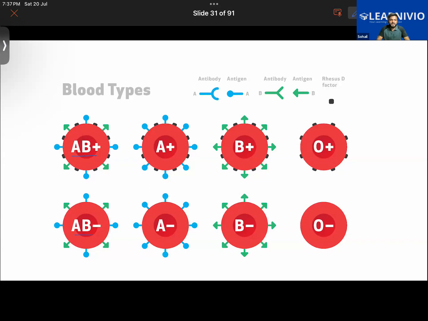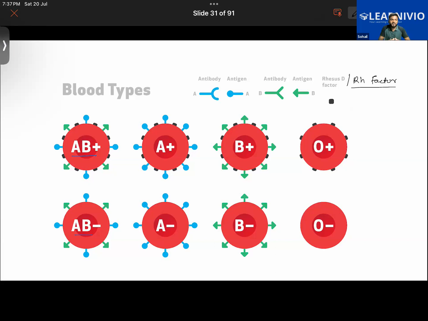Now, here we get to see that if the blood group has Rh D factor present on them, thereby it is going to be a positive blood group. But if the Rh D factor is absent, thereby it is going to be a negative blood group. So the positive or the negative sign in the blood group here basically refers to Rh D factor, or in general, just remember this as Rh factor. How you guys are going to remember this as Rh factor simply. And what is this Rh factor?